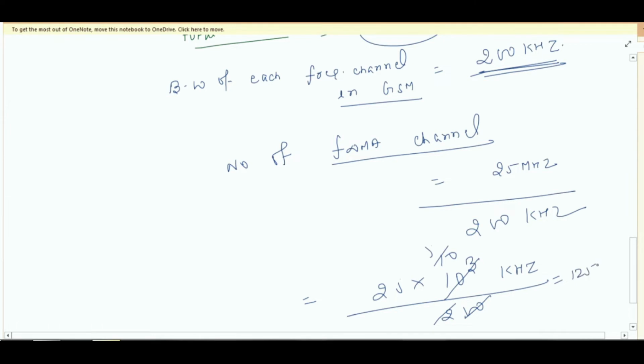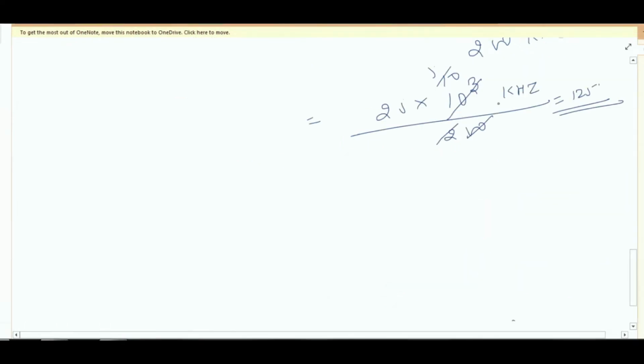Total 125 frequency channels. Okay, so now we have 125 FDMA channels in total.